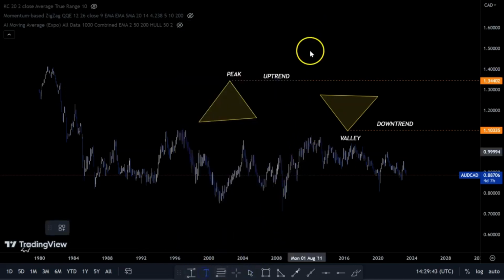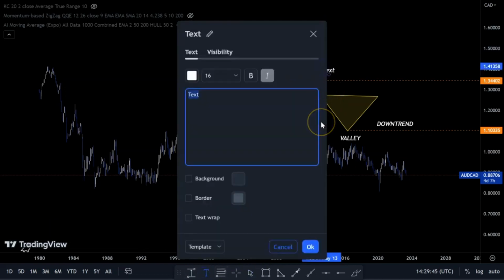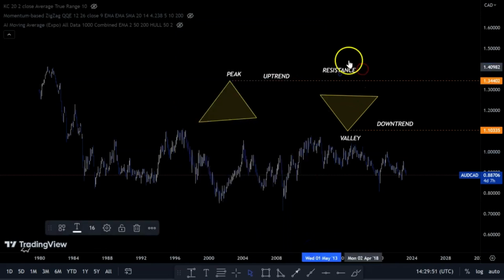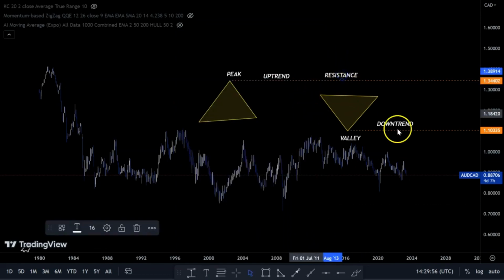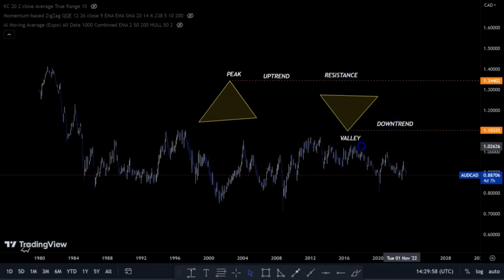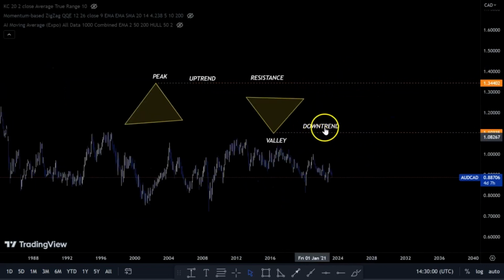So your peaks form your resistance, which is formed by the uptrend. It's ironic, right? But that's what it is. Then your valleys are formed by downtrends, which create your supports.